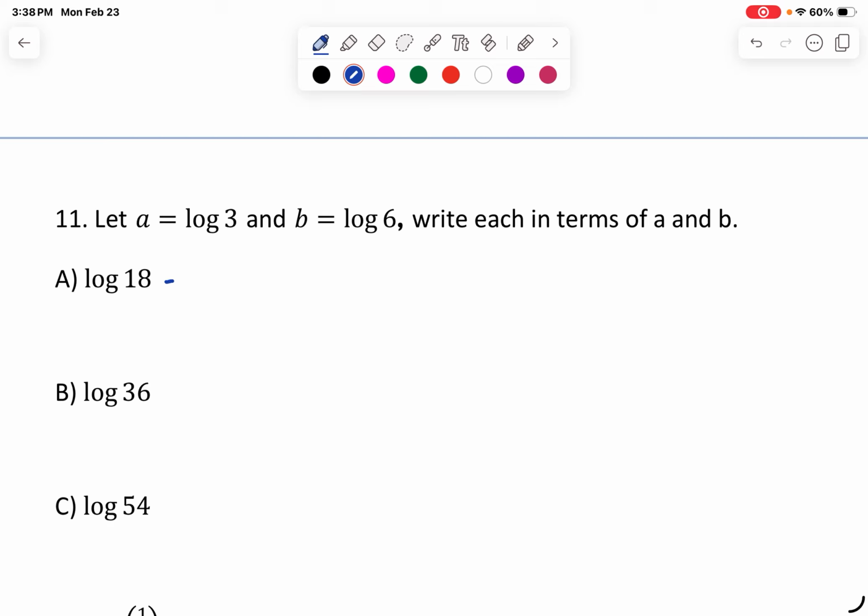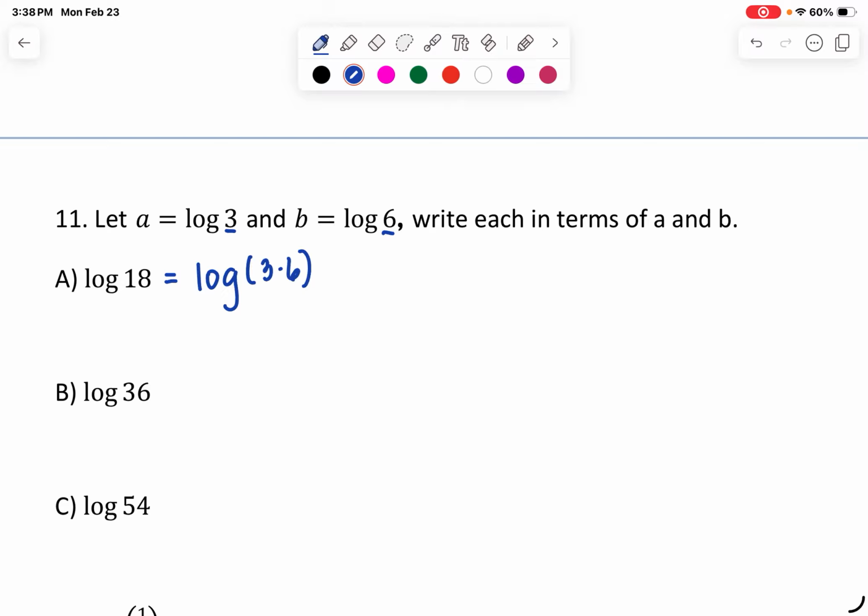So people tend to say, oh, 18, 3 times 6, A times B. And it's like, this is not just multiplication, right? We're using properties of logs, okay? So first what you want to do is say, how can I use a 3 and a 6 to get an 18? Yes, that's multiplication, so I can rewrite 18 as 3 times 6, right?